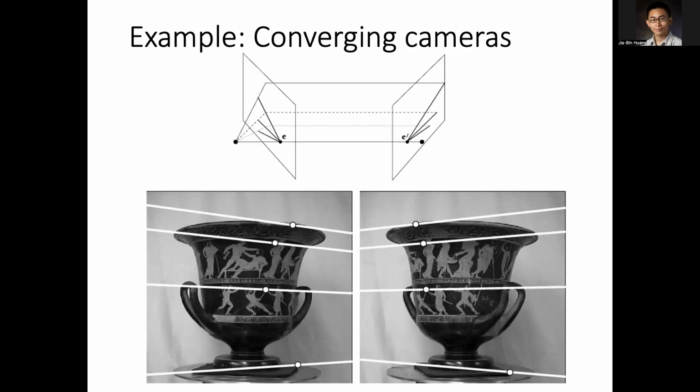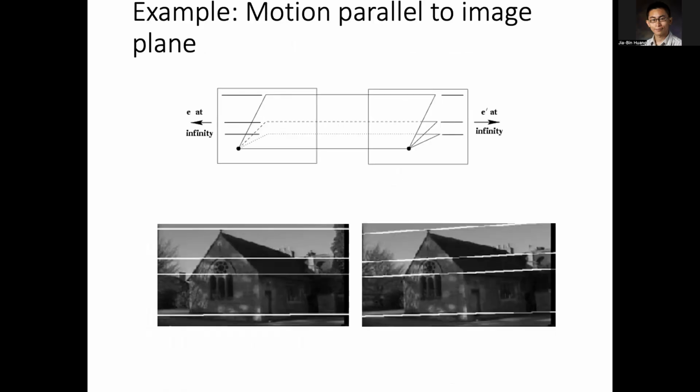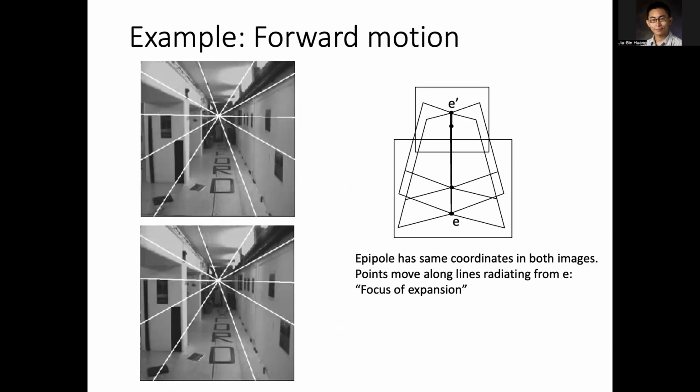Closer, yeah. So the answer is correct. Because the epipole is near the center of the image, and the epipolar lines must pass through that point, it's a star shape, right? So it will look like this.